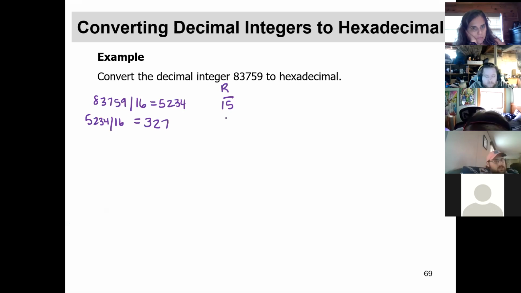Two. I have 2. Then if I take 327 divided by 16, what's my number here?